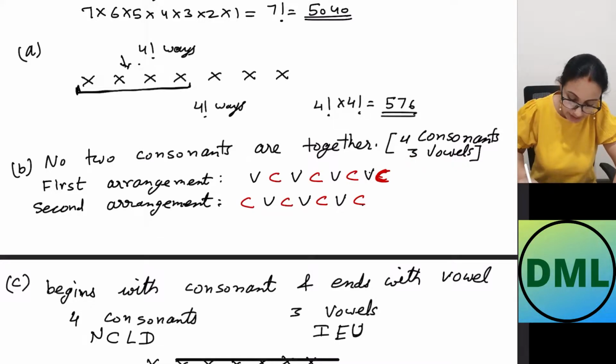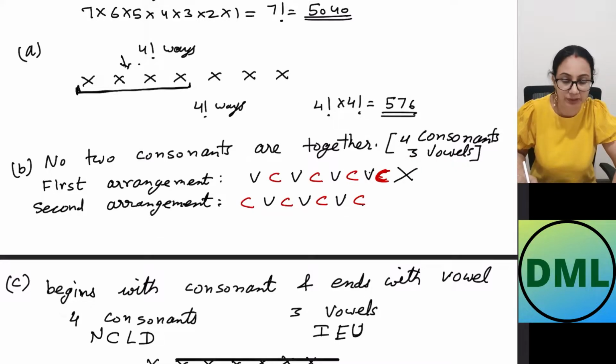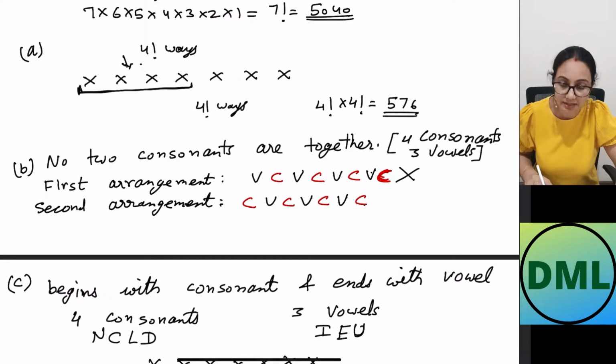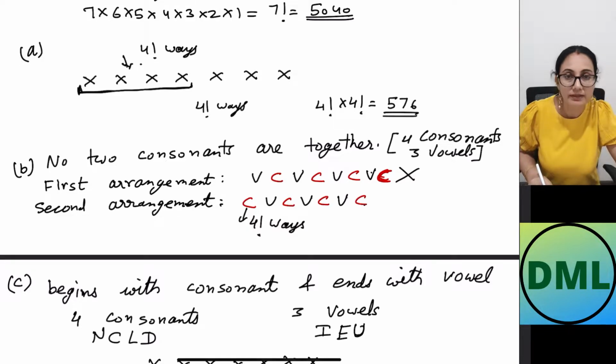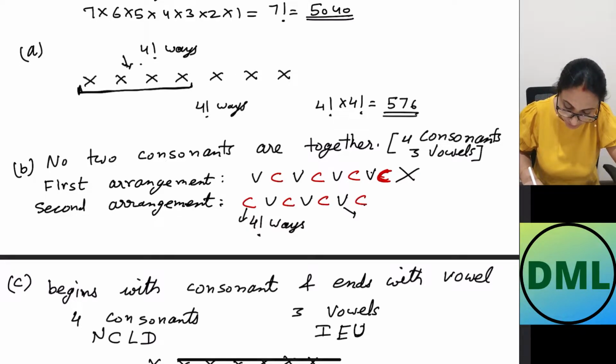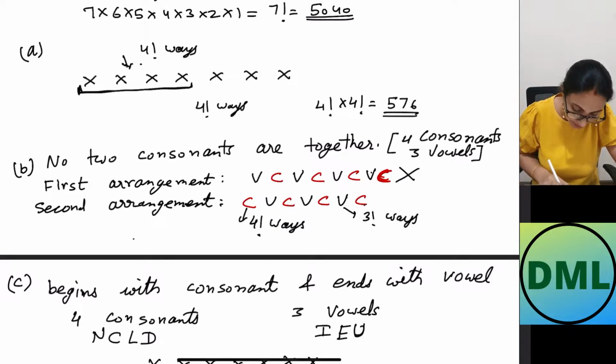That means I can't use this arrangement. So only the second arrangement is left. In this arrangement, 4 consonants can be arranged in a row in factorial 4 ways. Similarly, the 3 vowels can be arranged in factorial 3 ways. So the total number of arrangements is factorial 4 multiplied by factorial 3, which is equal to 144.